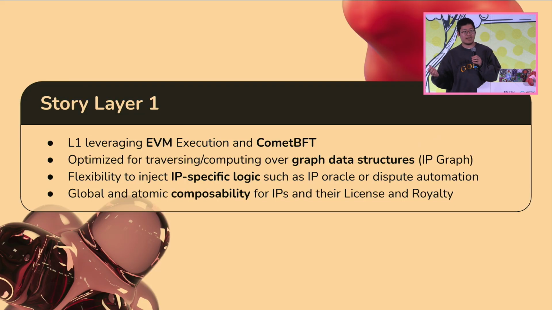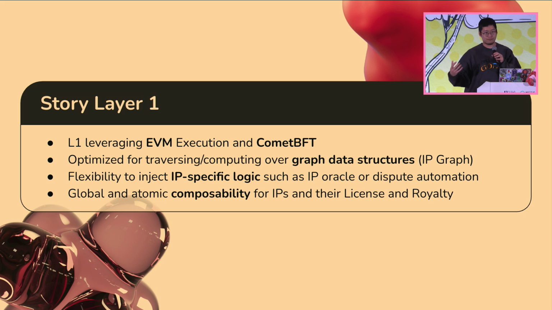Story is a layer one. We leverage EVM execution and use CometBFT for our consensus layer. We also added a precompile to supercharge traversing and computing over the graph data structure for our IP graph. Lastly, with this layer one, we can easily execute a lot of IP-related specific logic, such as IP oracle and dispute automation.